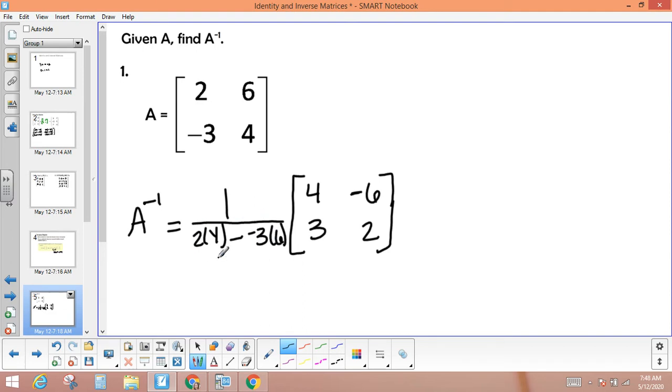So this works out to be 2 times 4, which is 8. And then this would be negative 18, but minus a negative 18, so plus. So 8 plus 18 is 26.